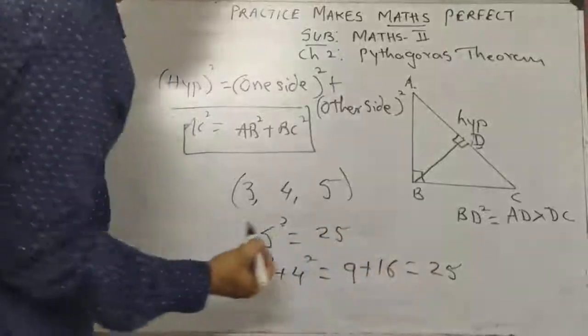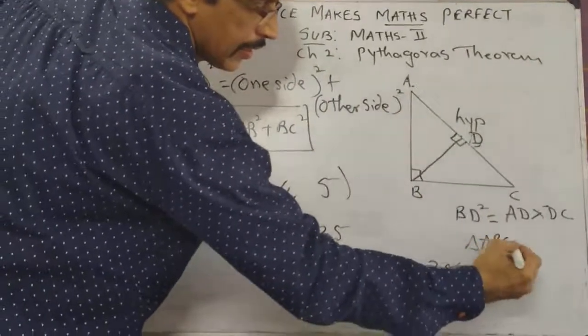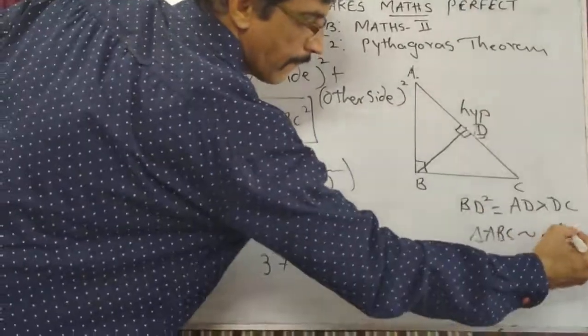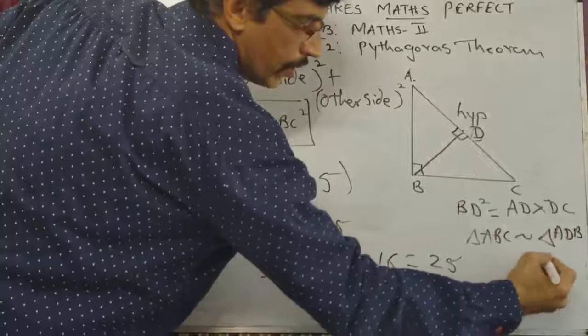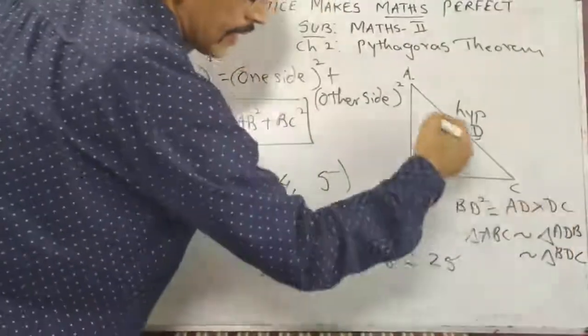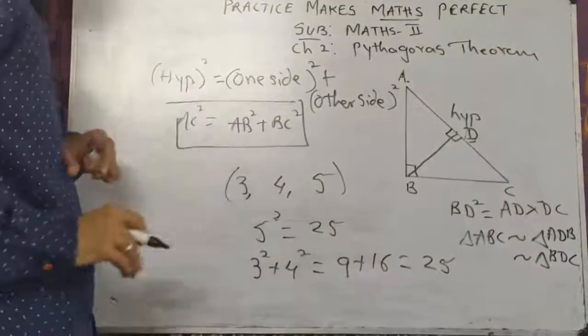All three triangles are similar: triangle ABC similar to triangle ADB, similar to triangle BDC. All three right angle triangles are automatically similar. There is no need to prove.